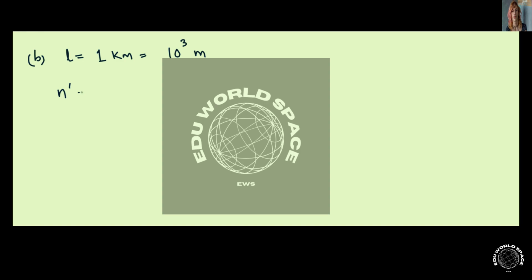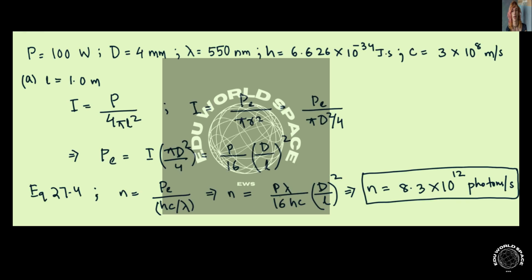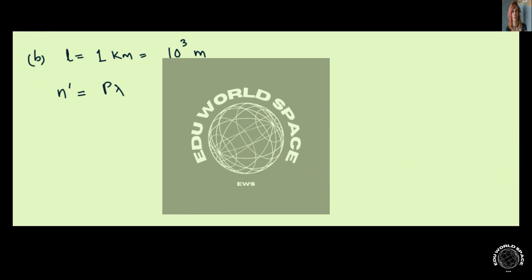Let's call this n dash. So we use this equation, so it will be P lambda over 16 hc, d over L square.